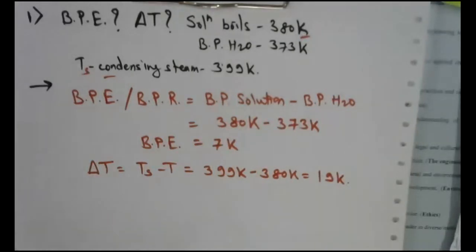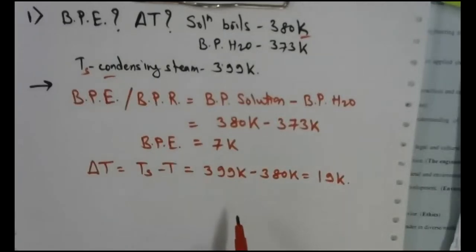Kelvin, right? Because this driving force is the temperature of steam. Steam is going to provide the heat for this solution, and the solution gets the heat, its temperature increases, and after some time the boiling point is reached and water is evaporating.